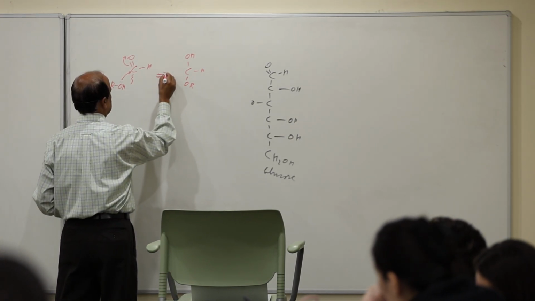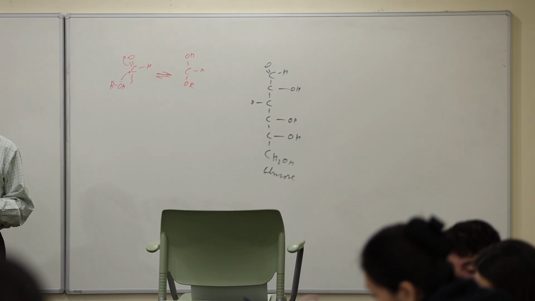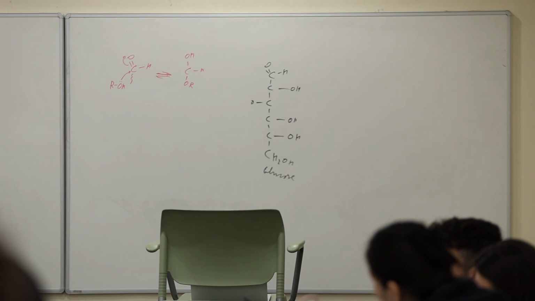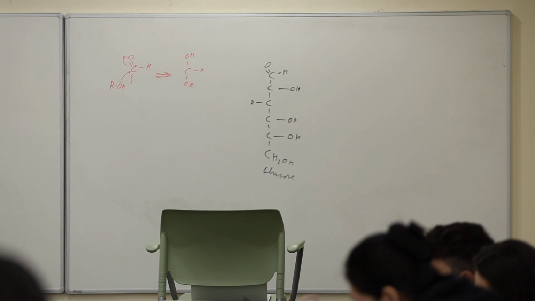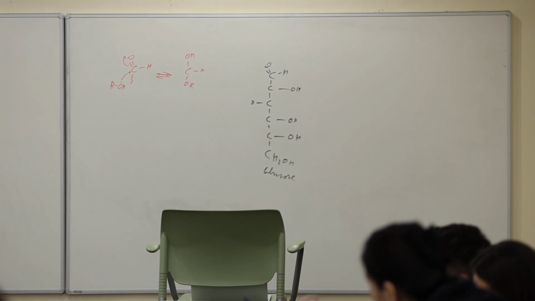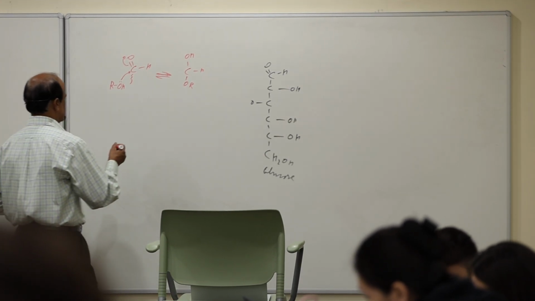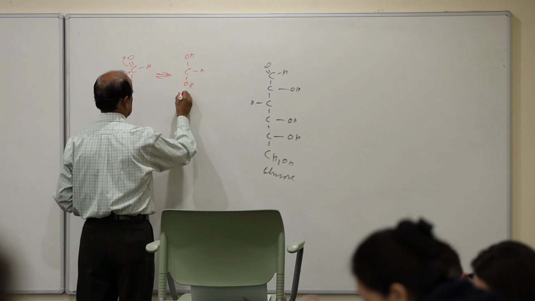And that's an equilibrium reaction. And it happens by itself. You don't need to heat it, you don't need to do anything, it doesn't need a catalyst. It's just when you dissolve any aldehyde in water and there's an alcohol, they will form this product. And that is called a hemiacetal.